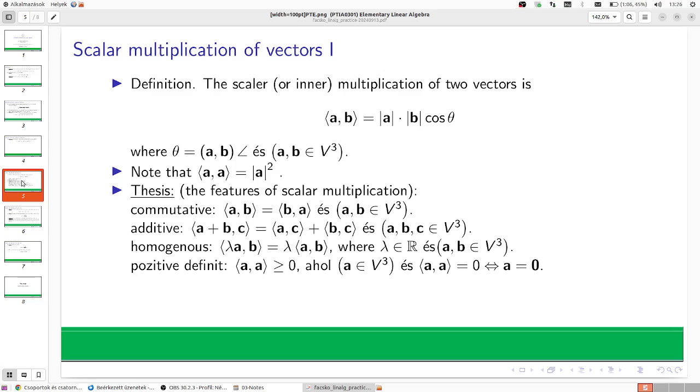So this is the distributive feature of the normal numbers, I mean the components.